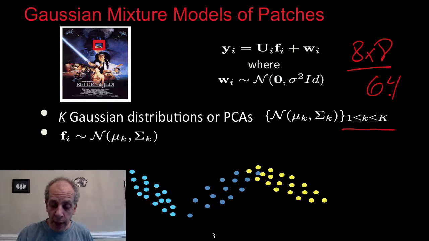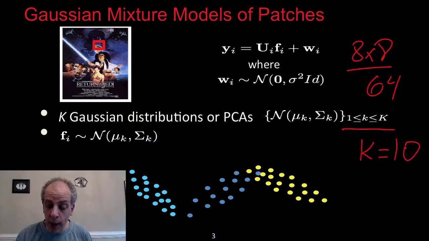For a Gaussian, we actually need to compute the average for each one of the K. Just to have a number in our head, we're going to make K equal 10. We're going to see that we only need a few Gaussians. So we need to compute the average of this 64-dimensional vector and the covariance of this 64-dimensional vector. For each one of the Gaussians, we need to do that.